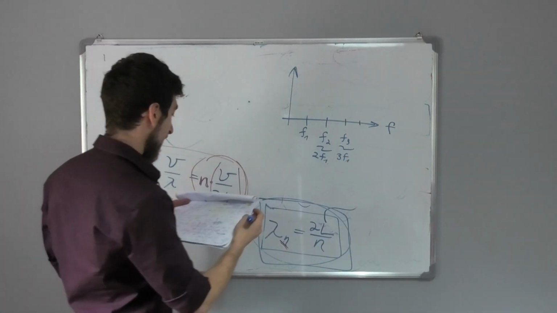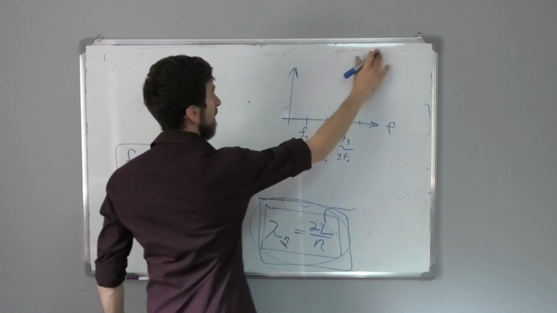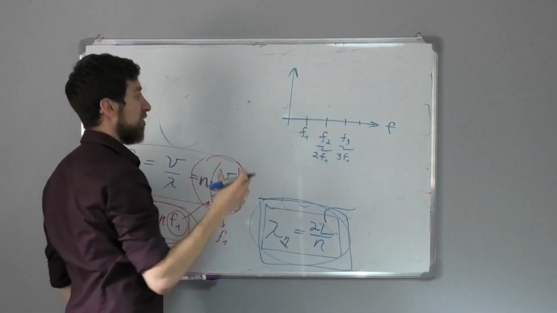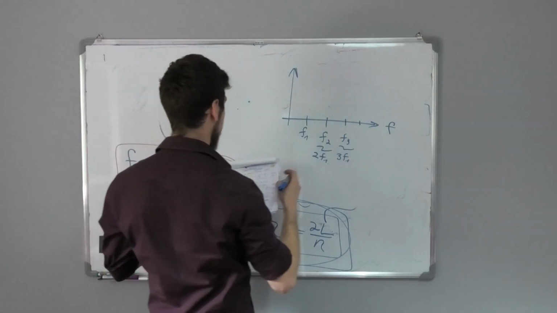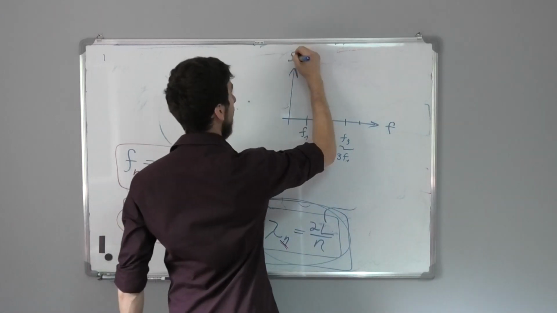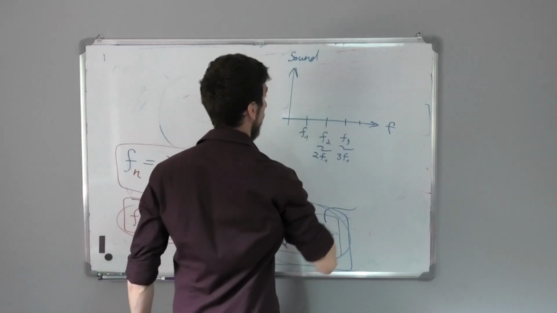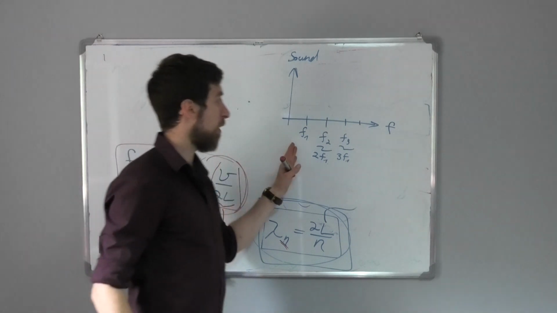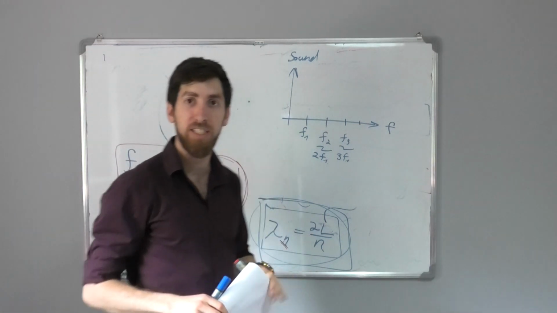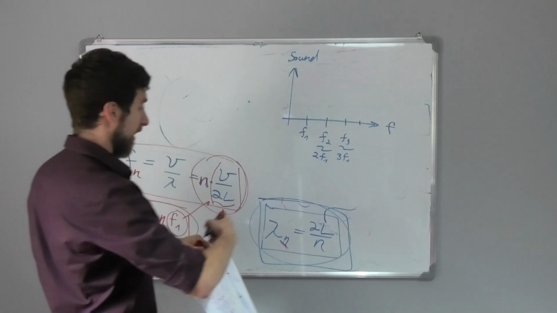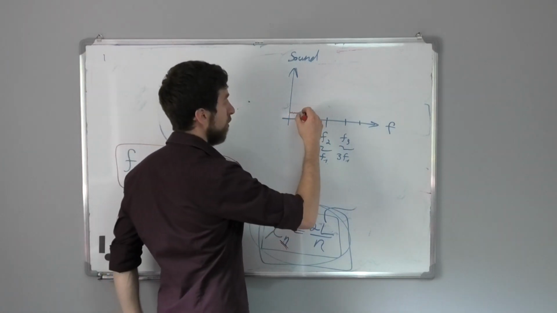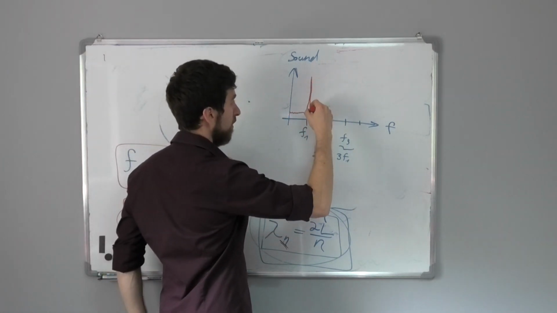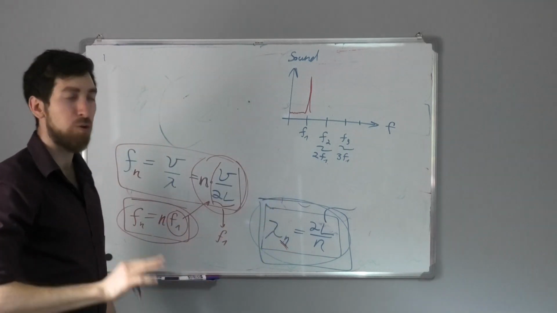And if I look at the sound that I'm hearing, if I analyze the sound, I look at which frequencies this sound is made of. If I see a picture like this, not much, boom, wow, this mode is vibrating really hard.